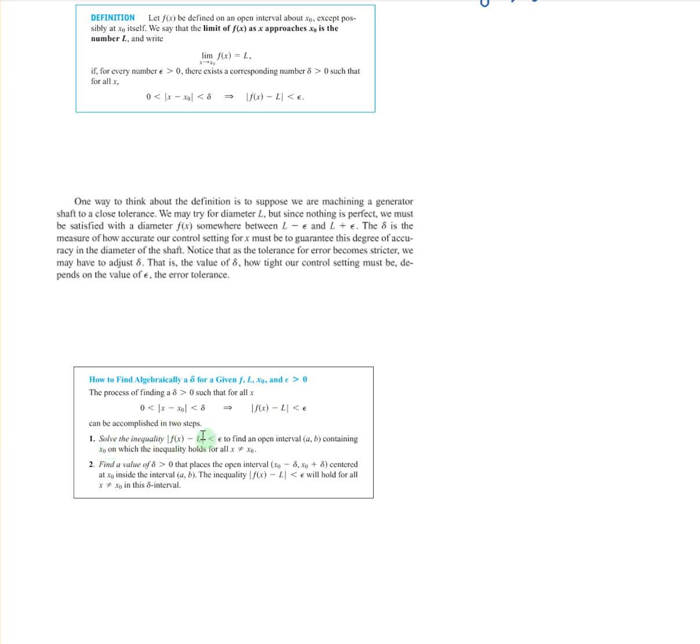But solve this inequality to find an open interval on which the inequality holds for all x not equal to x sub 0. And then find a value of delta greater than 0 that places the open interval centered at x sub 0 inside the interval a to b that you were looking for. And so don't worry about that. Let's go look at the problems and see how we do.